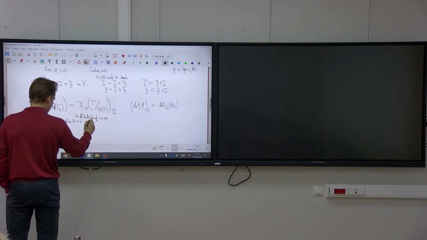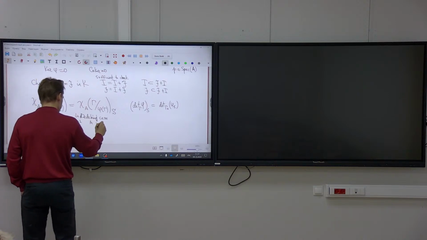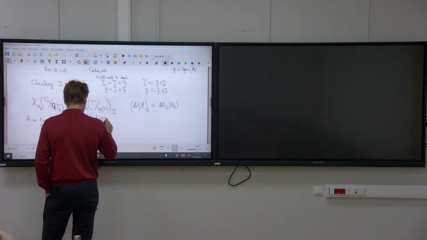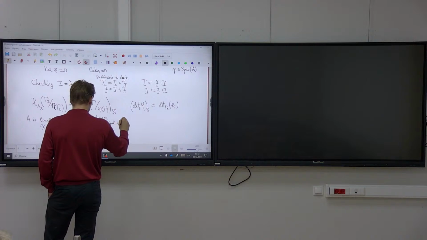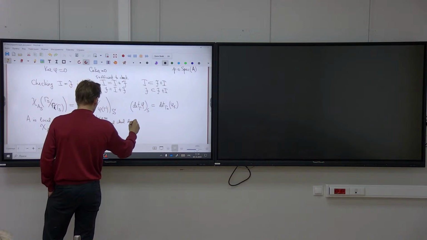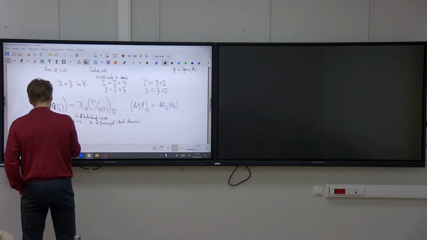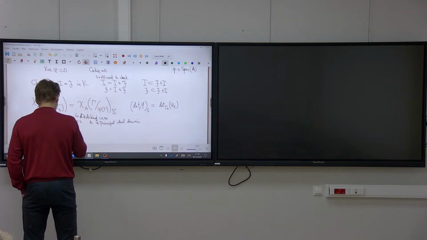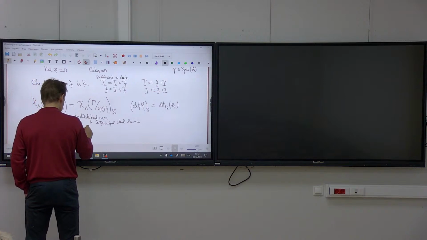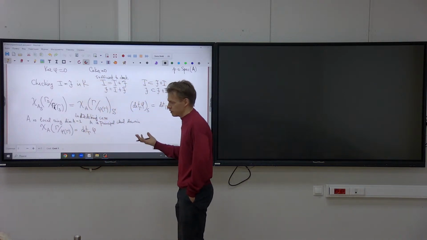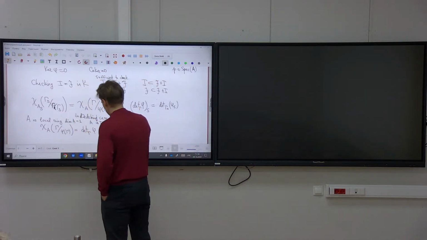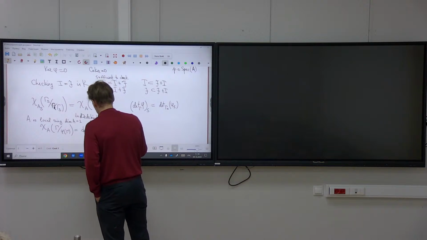So A is a principal ideal domain. So you have this equality, chi of gamma modulo gamma is equal to the determinant of gamma of phi, and this implies the formula in general.